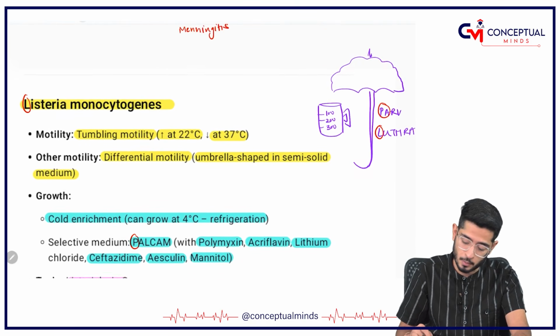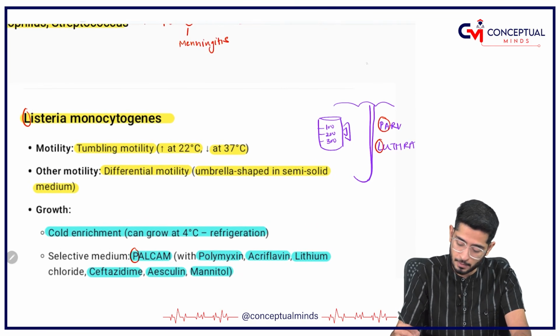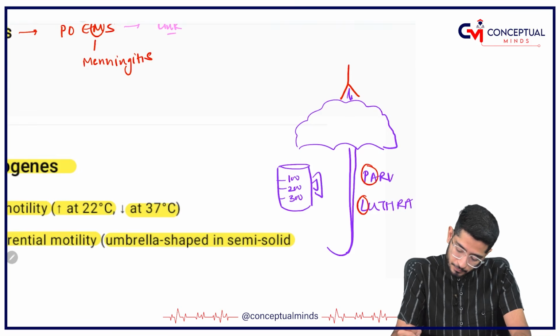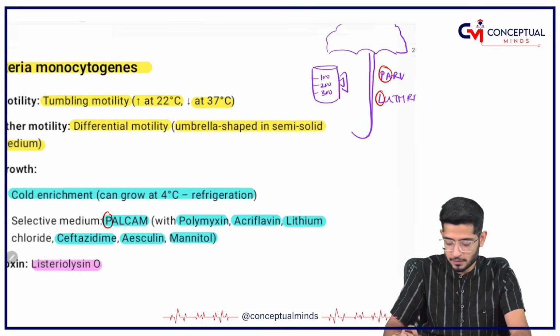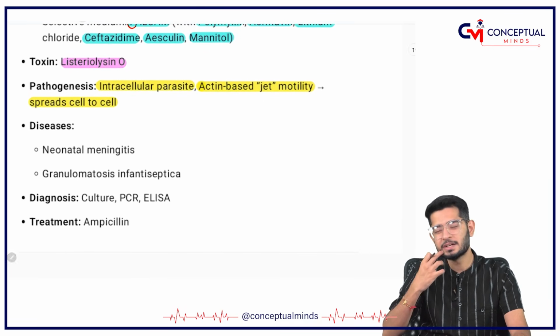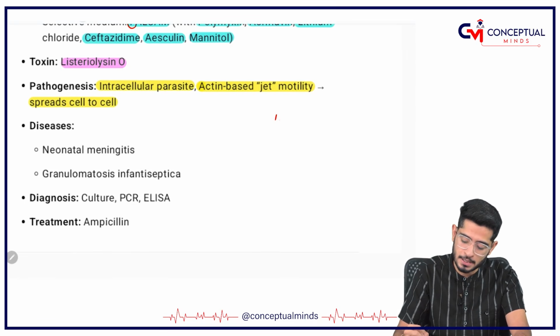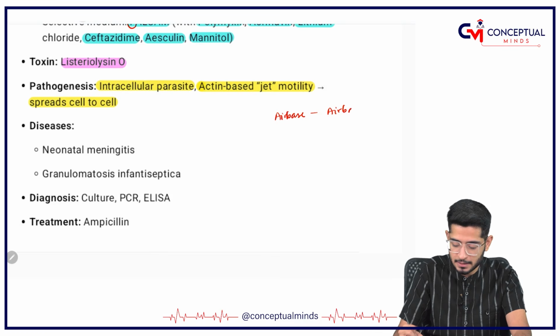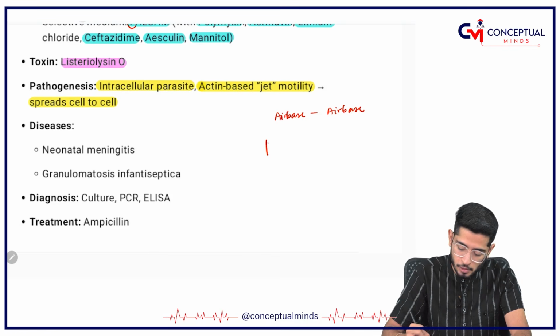So here I'll make one more picture. This is a jet which I have tried to show you. So jet type of motility. Now what does this mean? Just like the jets move from one air base to another air base, similarly, Listeria has to follow actin.